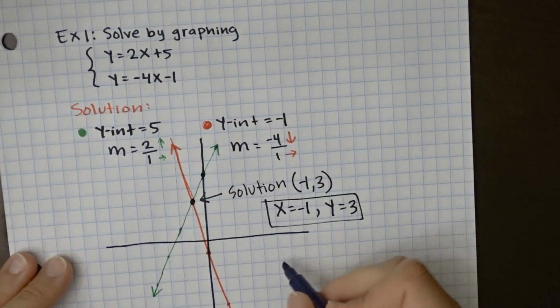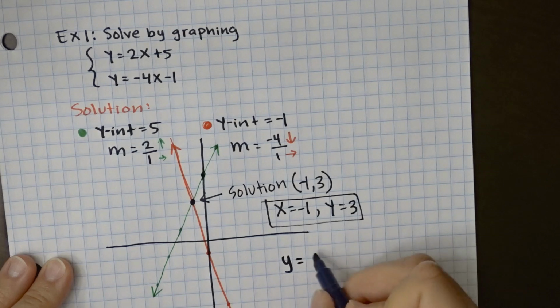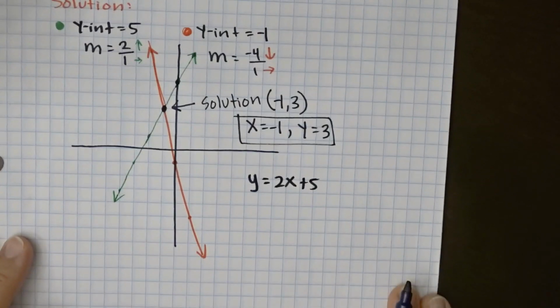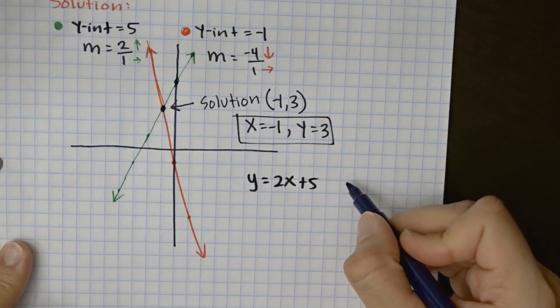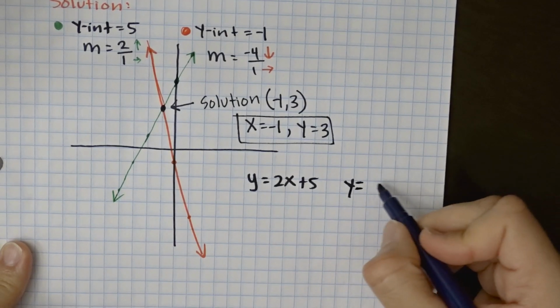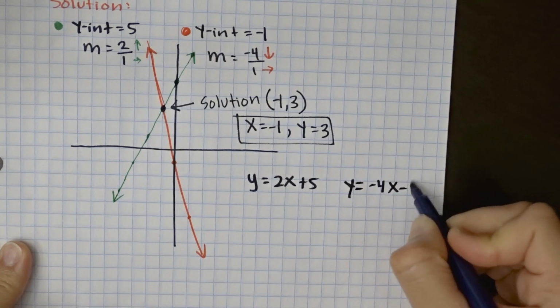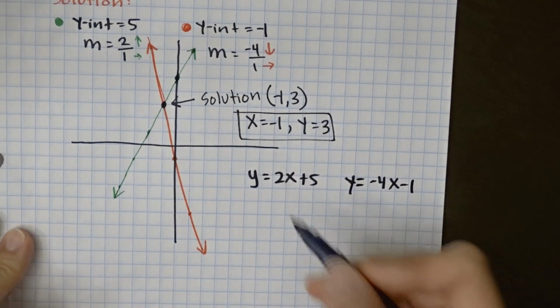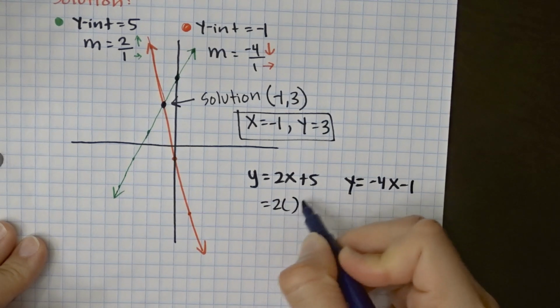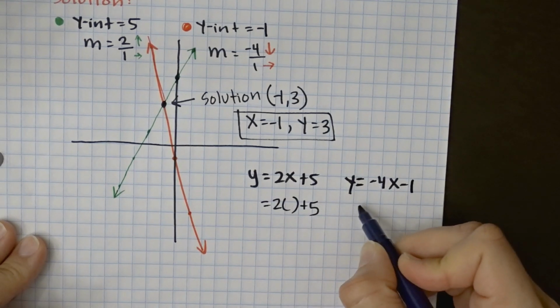So the first equation was y equals 2x plus 5. And our second equation was y equals -4x minus 1. So I'm going to plug in my y and my x. And same thing here.